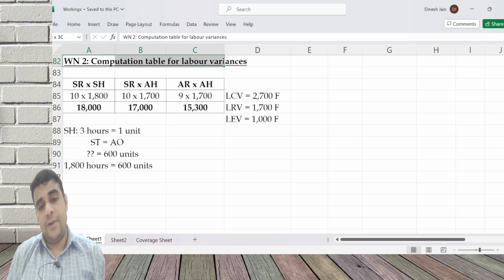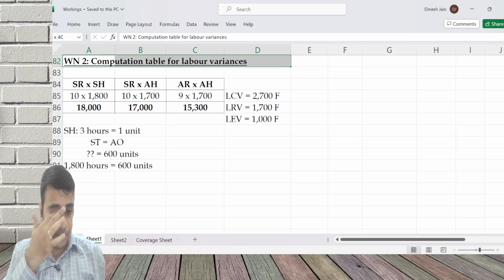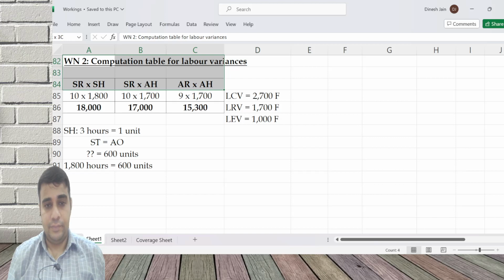Same table will come for variable overhead also.